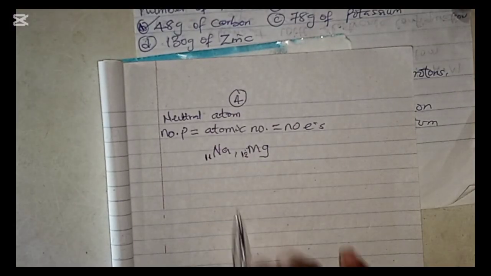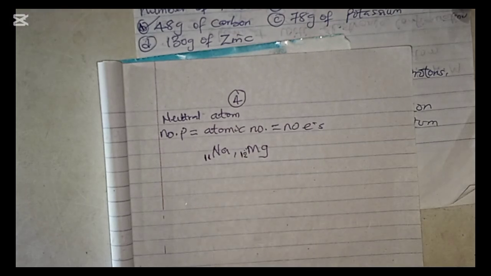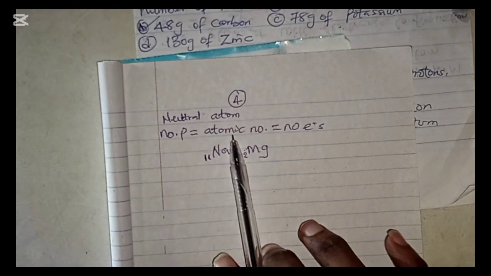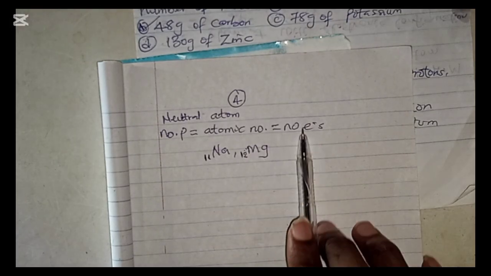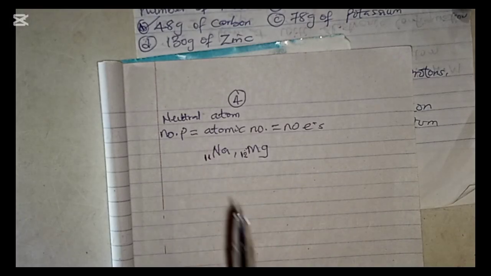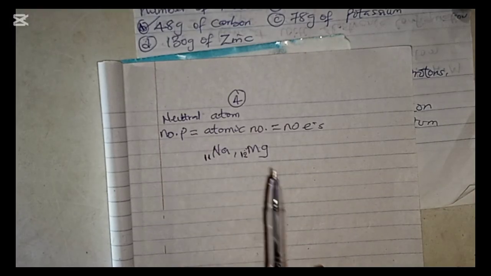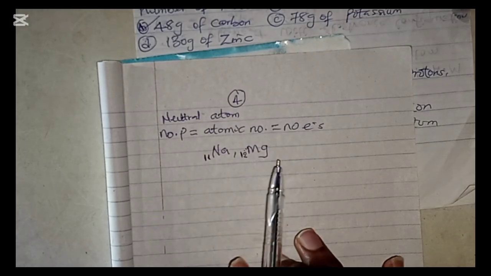So the number of protons is always equal to the atomic number. But for a neutral atom, it is also equal to the number of electrons. So if the number of electrons is totally different from the number of protons, it means that something has changed. We have an ion. We no longer have a neutral atom.